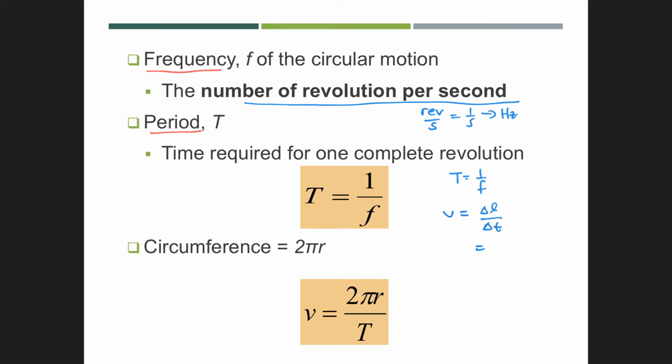If you put it as an instantaneous velocity, it is going to be L over T. The relationship between L and T, like I mentioned before: theta equals L over R. Because it's moving in one circular motion, one circle is going to be 2 pi, or 360 degrees, equals L over R. So you are going to get L equals 2 pi R. You put it inside this formula and you have 2 pi R over T, and we use capital T to represent the period for one circular motion. We are going to use all these formulas that I already showed you to find the centripetal acceleration or radial acceleration.